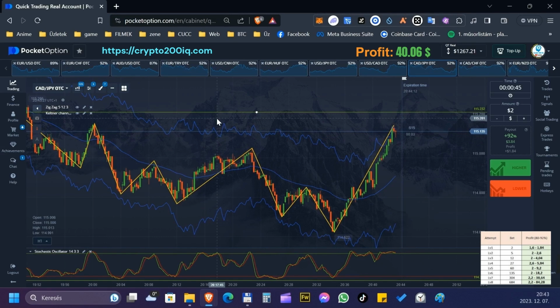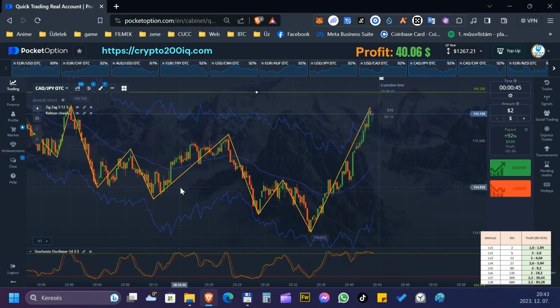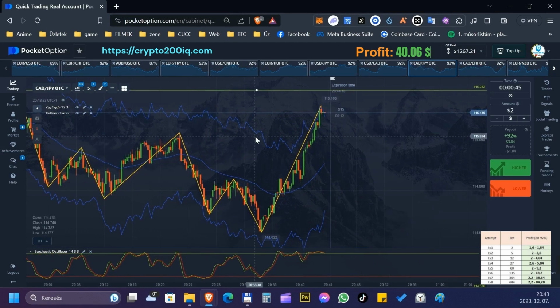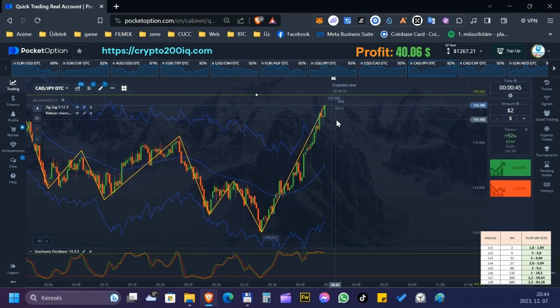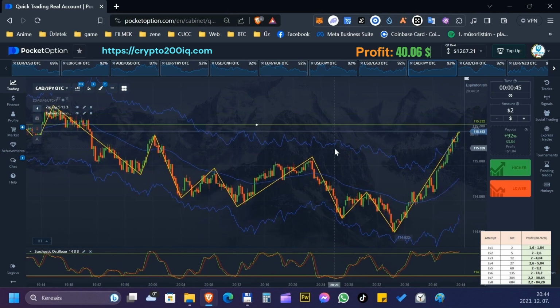Let's see where the first turning point might be. Is it going up further, or did we miss it? But it kept going.